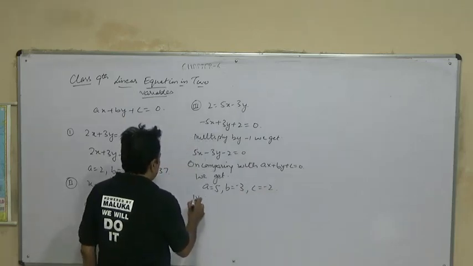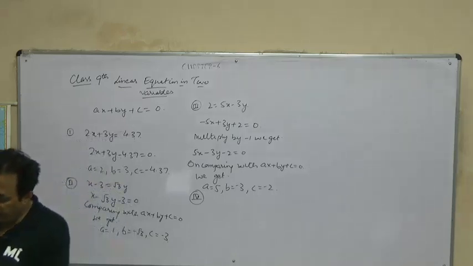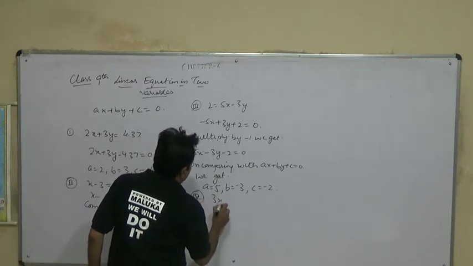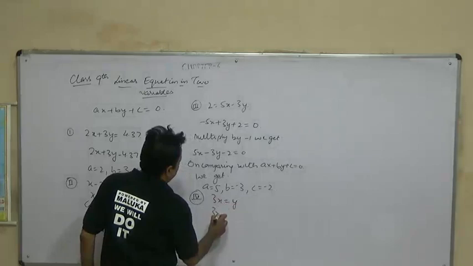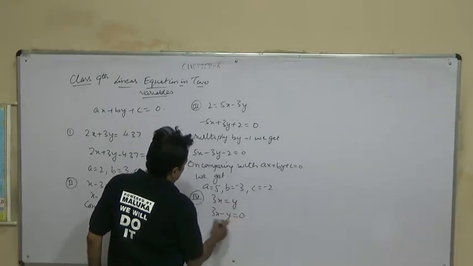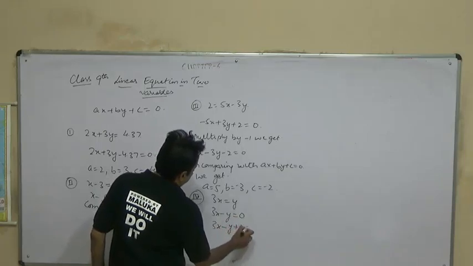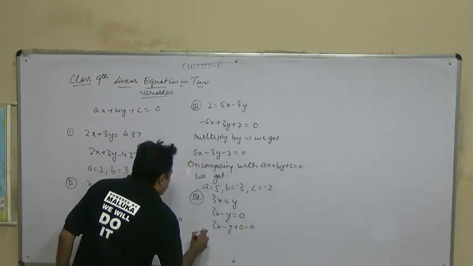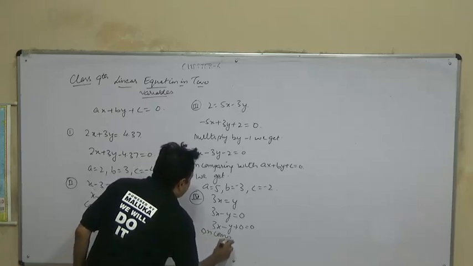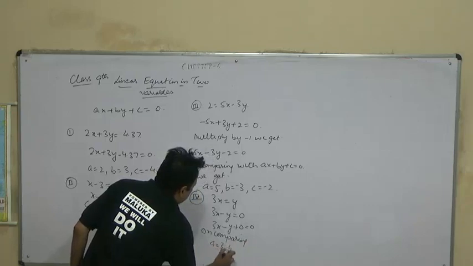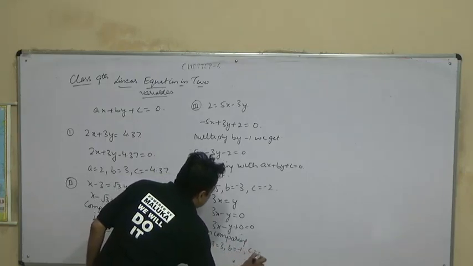Then in the fourth part we have 3x is equal to y. So it will be 3x minus y is equal to 0, or we can say 3x minus y plus 0 is equal to 0. So on comparing, the value of a is 3, the value of b is minus 1, the value of c is 0.